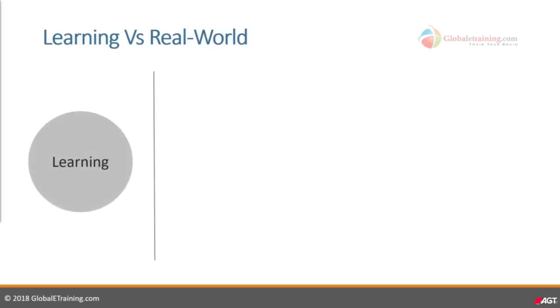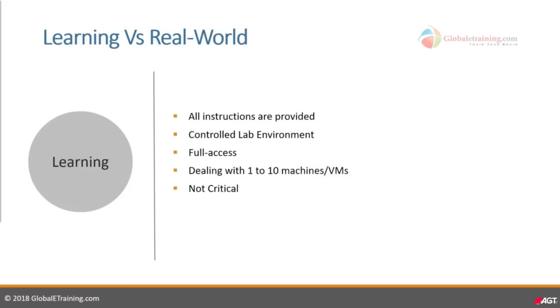Learning versus real world. In learning, all the instructions are provided either in a video format or you might have a document. The lab is completely a controlled environment. You normally have full access and you're dealing with 1 to 10 machines at the most. And for the most part, these machines are not critical.